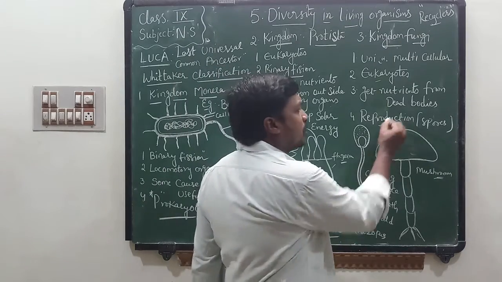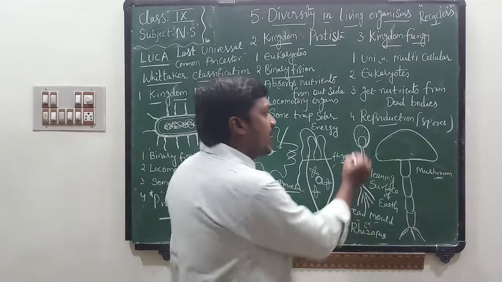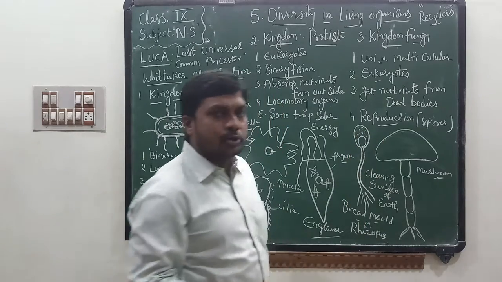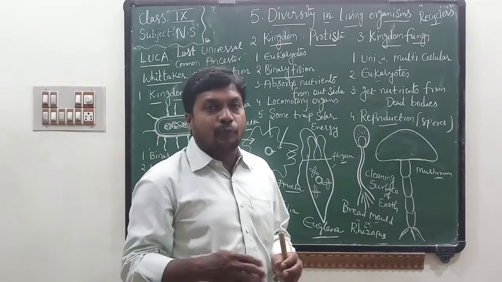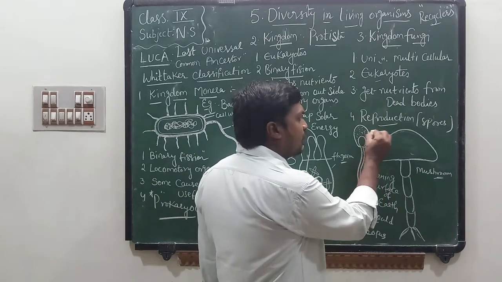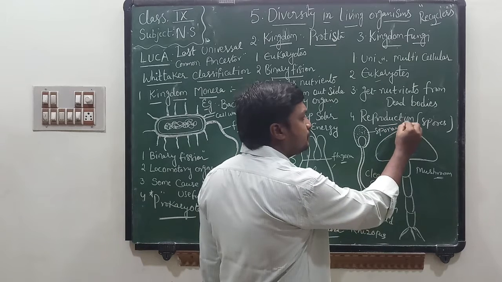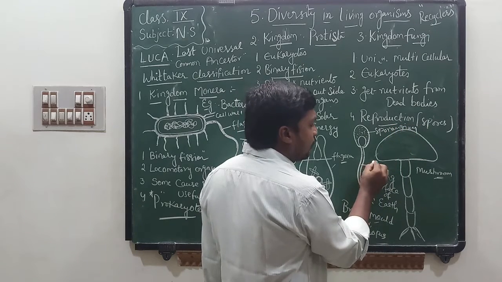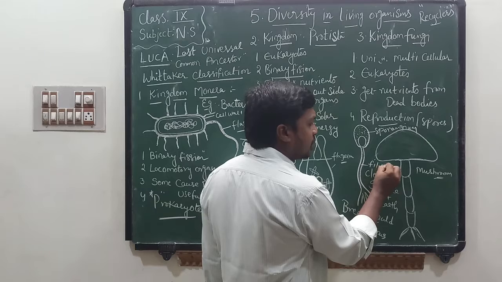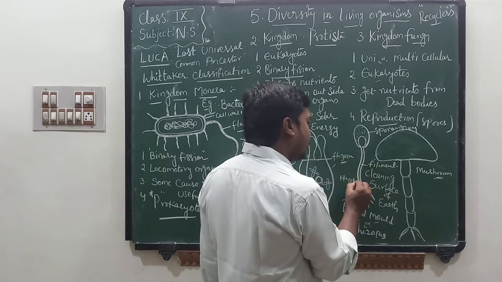And they can reproduce by spores. Spores are microscopic structures which help to increase their population. For example, in bread mold, we can find a knob-like structure called sporangium, and a thin thread-like structure called filament, and this one is hyphae.